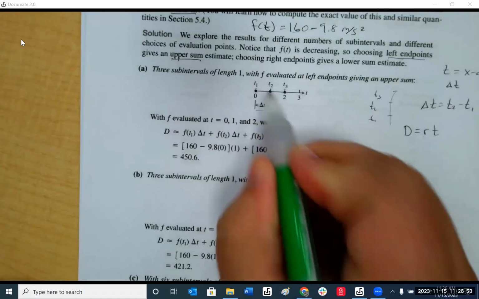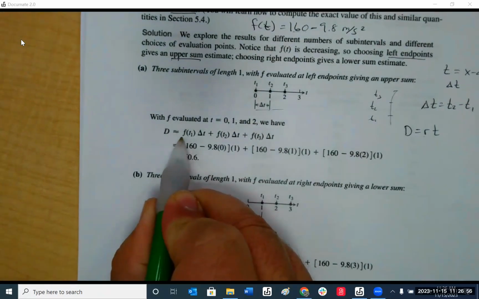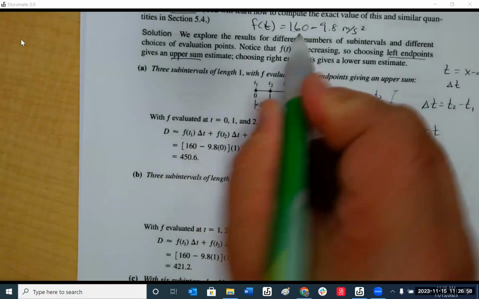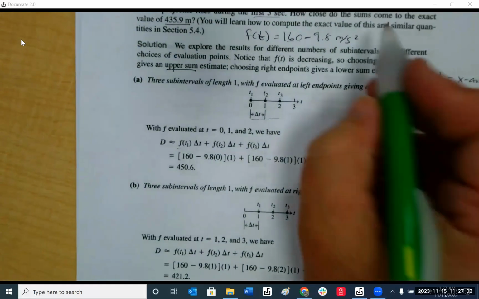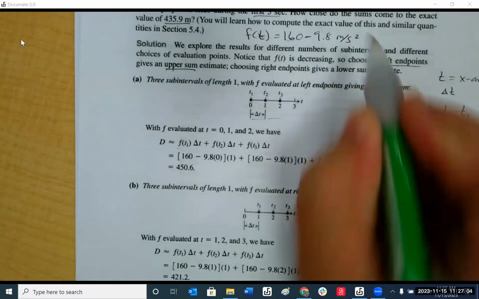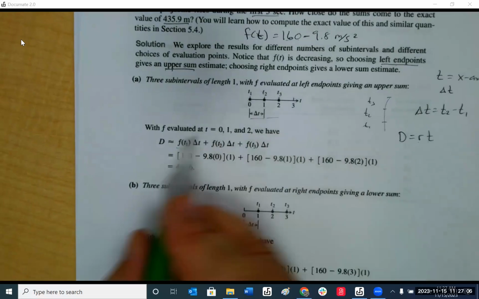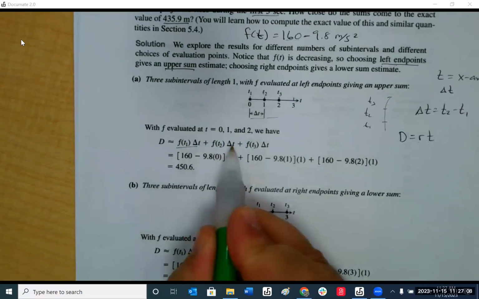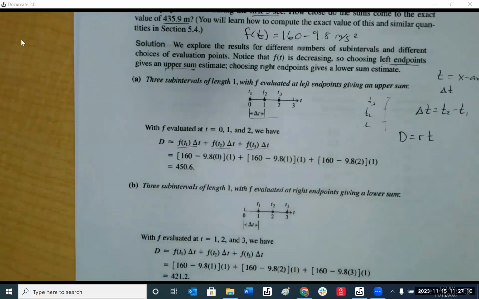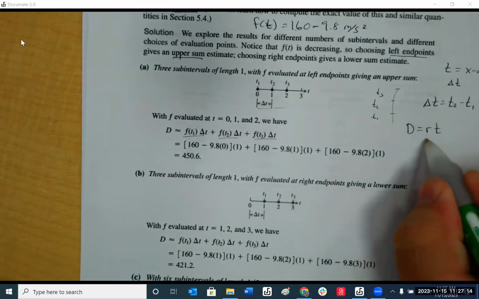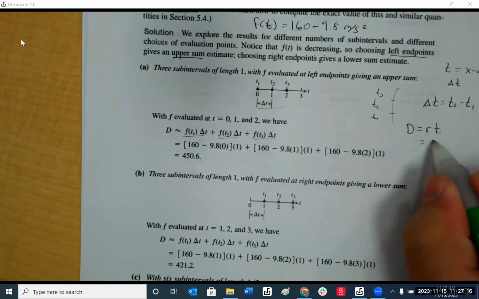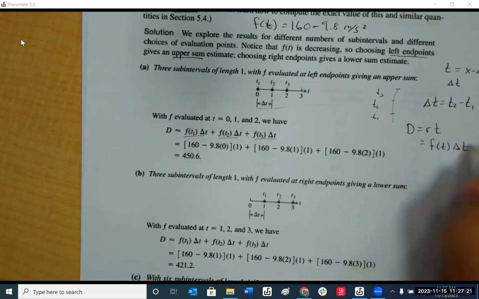So in our first interval, the function f, remember, is 160 minus 9.8t. So that's the first interval, the second interval, the third interval. The rate is the function times delta t.